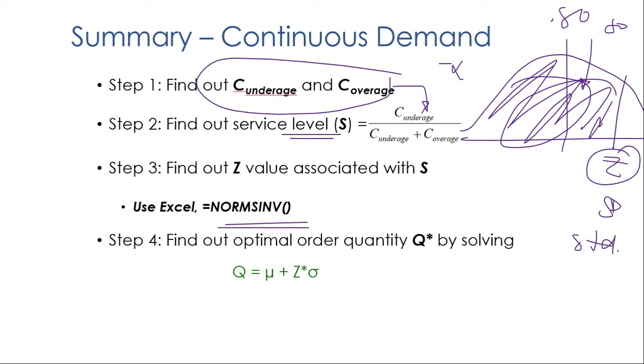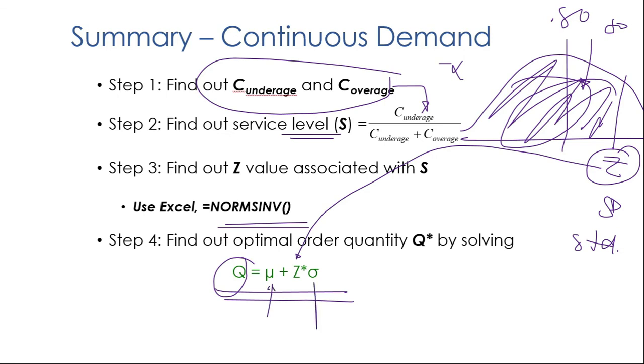Alright, and after you have the z value, you're going to plug it in. So we're going to use this formula to determine the optimal order quantity. So this is what we're interested in. We want to know what is the optimal order size given the mean and standard deviation that we have.